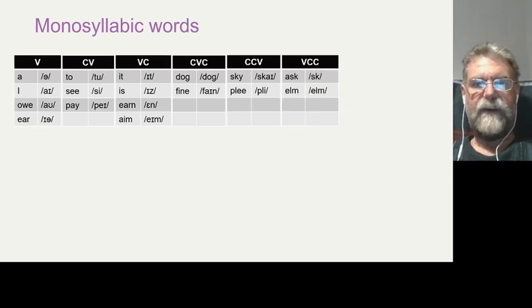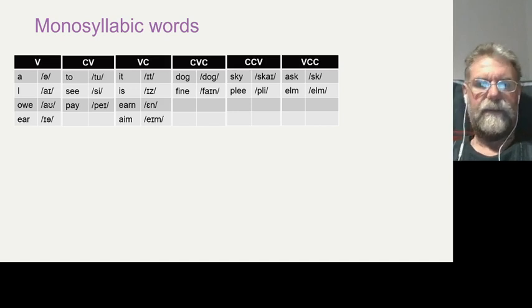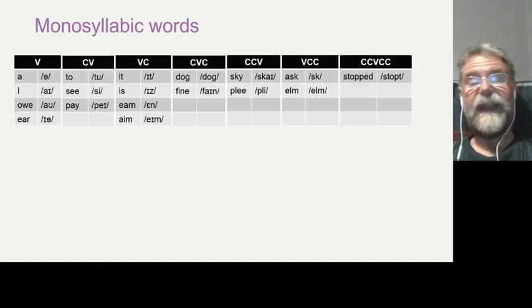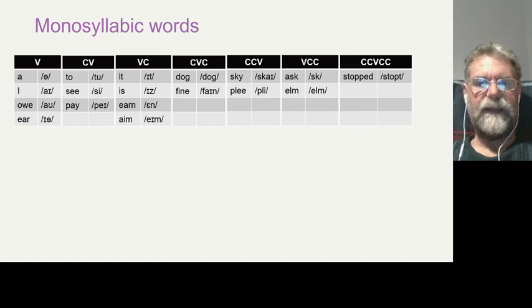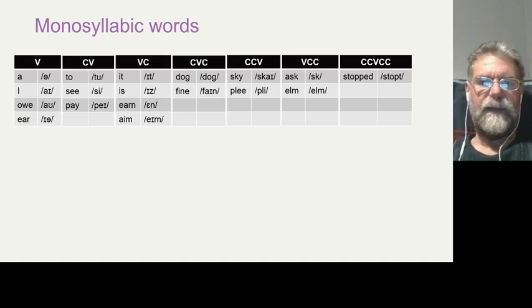And after the vowel, we can have sk, a consonant cluster, as in ask, or lm, as in elm. In fact, we can go one step further than that and also have two consonants in front and two consonants behind. So a word like stopped, for example, we've got st in front and pt at the end, either side of the vowel o.